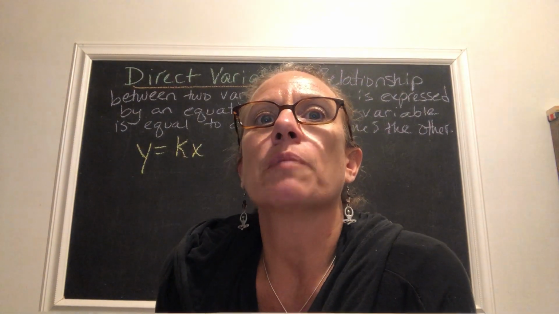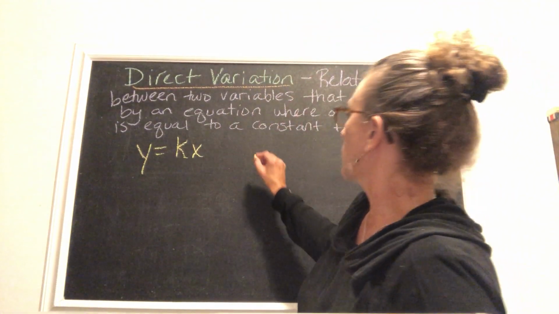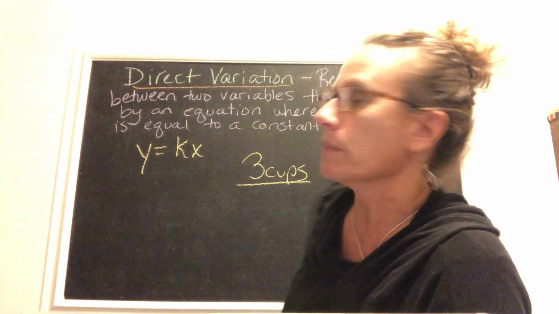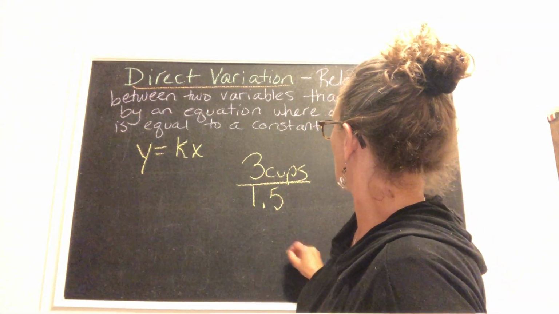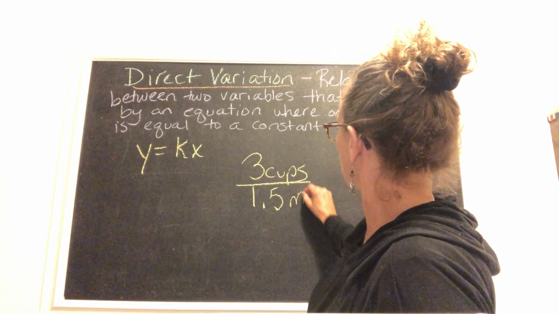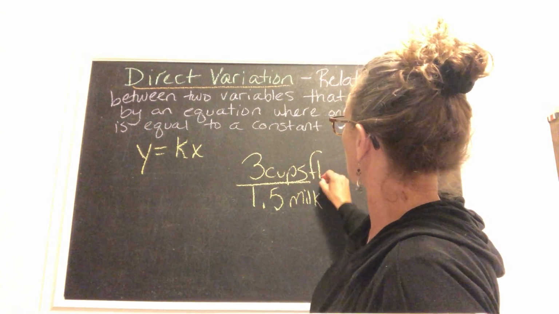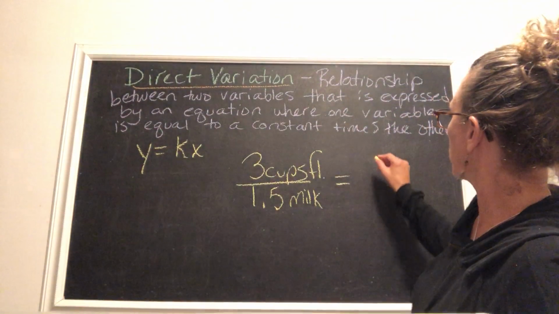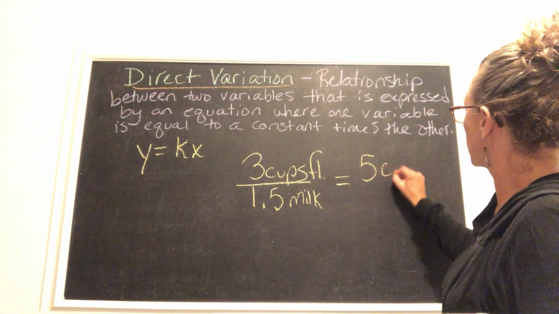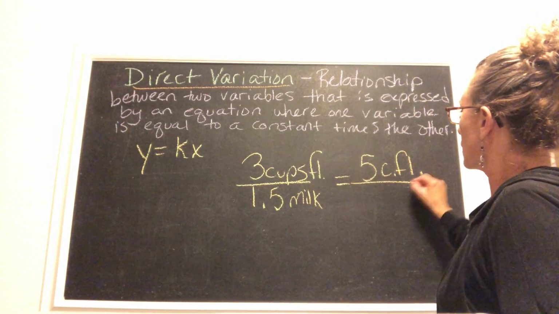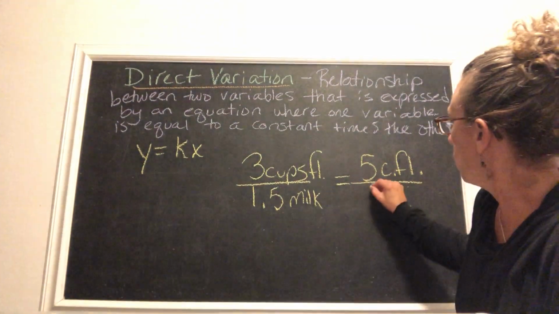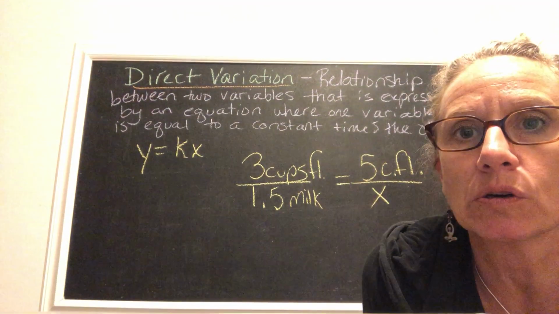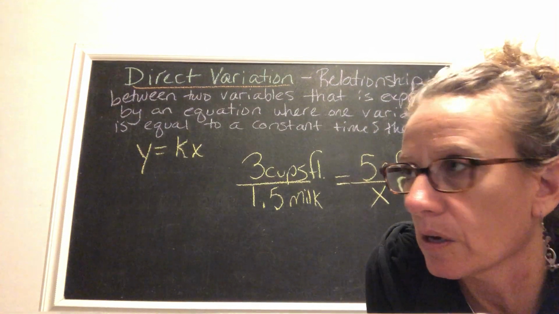Now, 3 cups of flour is what the recipe calls for, and 1.5 cups of milk, and we accidentally used 5 cups of flour. So we don't know what the x is, which represents how much milk I should put in the recipe in order to make up for that.